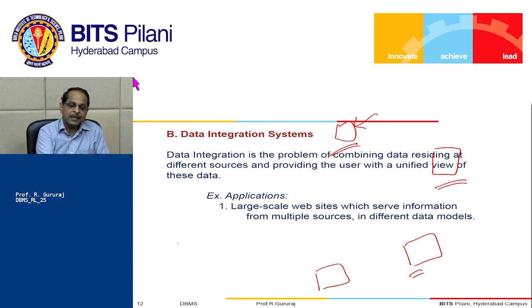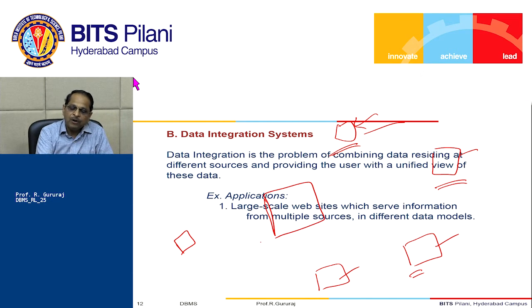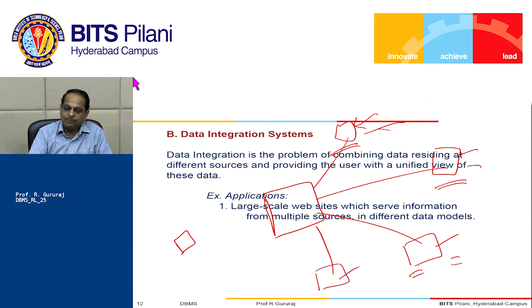Since all this data is stored at multiple locations in heterogeneous forms and is all related, as far as the end user is concerned, it is desirable to provide a unified view. We should create a unified view for the end user, which represents the structure of the data contained at different locations in different formats.